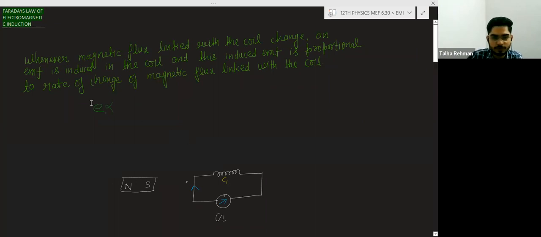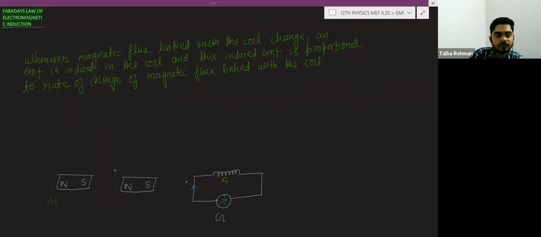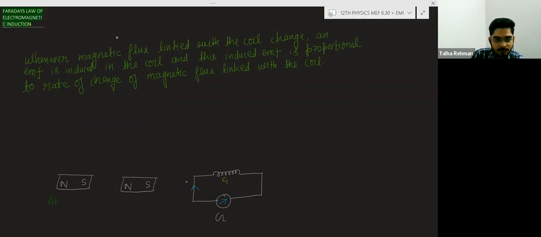Before that, we should know what is happening here. Suppose initially at time t1, any time t1, you can say at 2 p.m., 2:10 p.m. At time t1 your magnet is here.